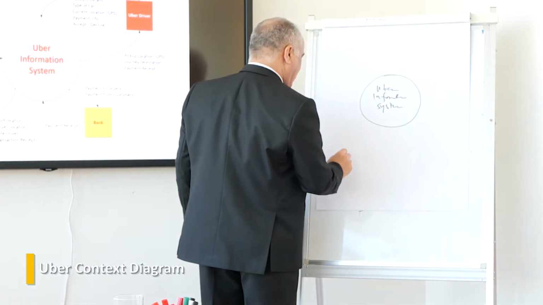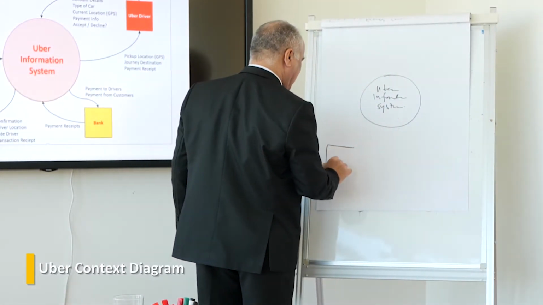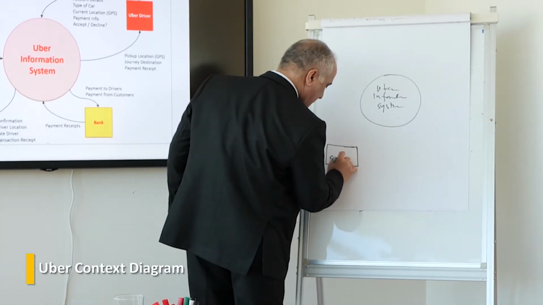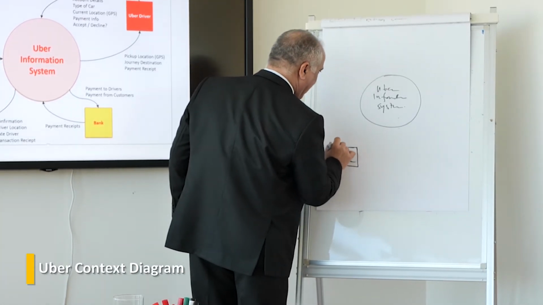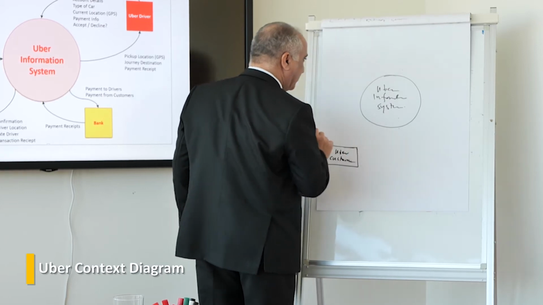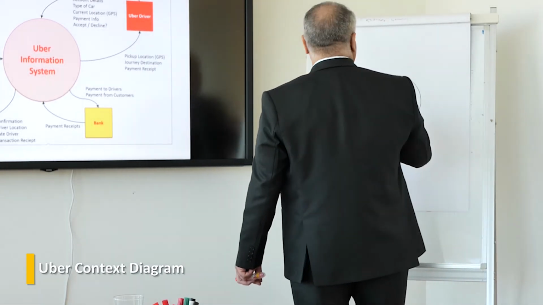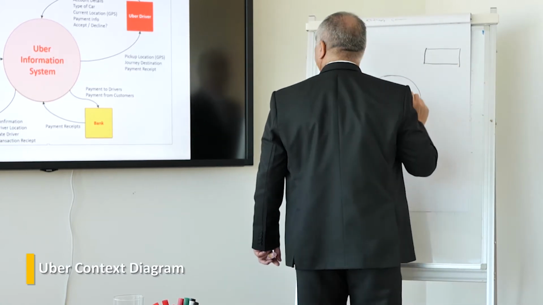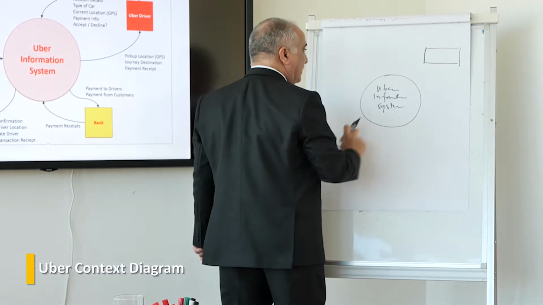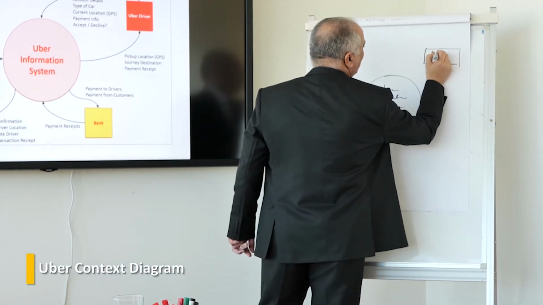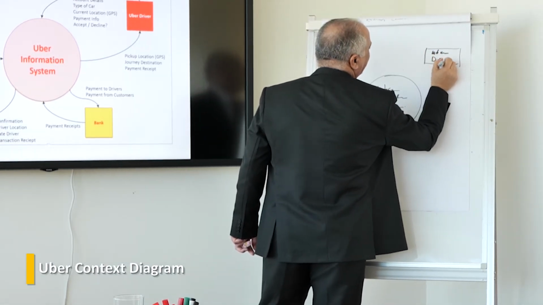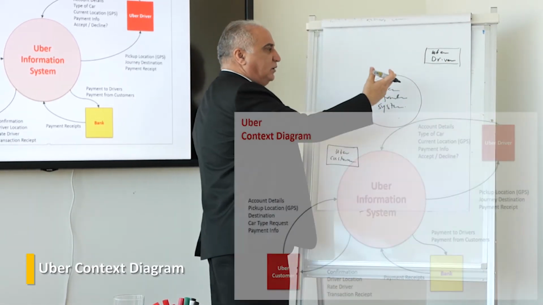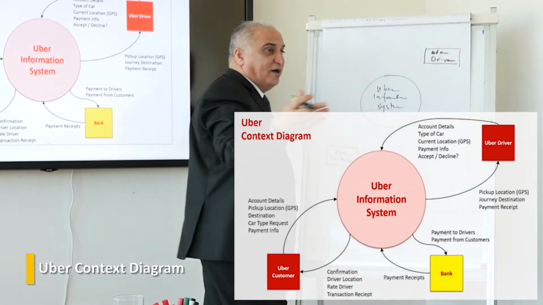In this case, one external entity is a customer. Since it's Uber, we call it Uber customer. We are the people who name these external entities. Another external entity is Uber driver, because as you know, the Uber model is based on drivers.